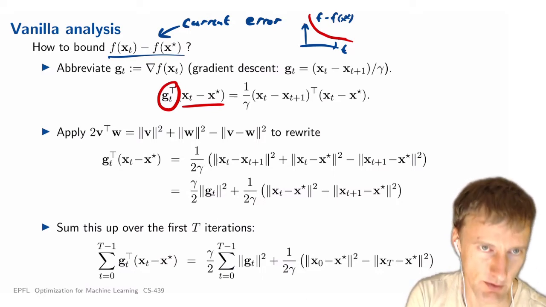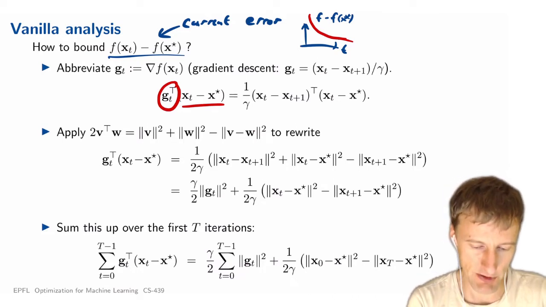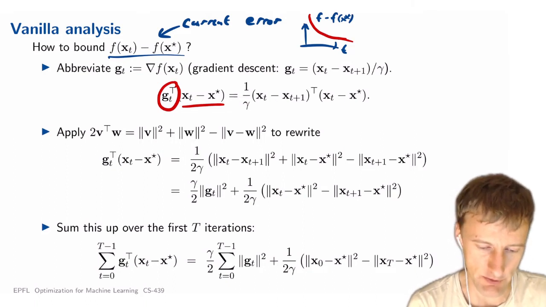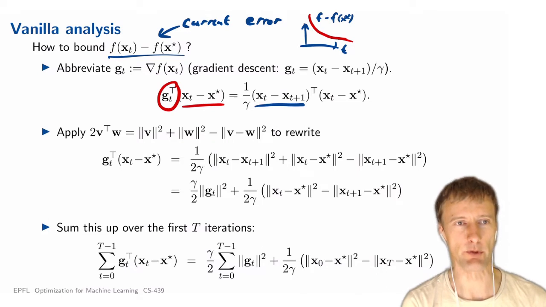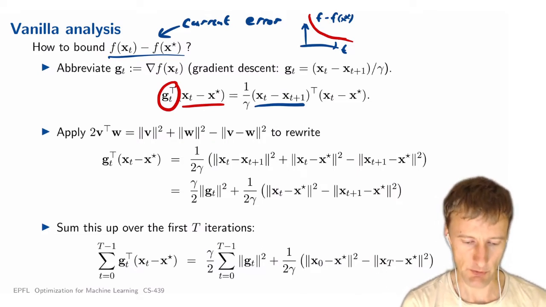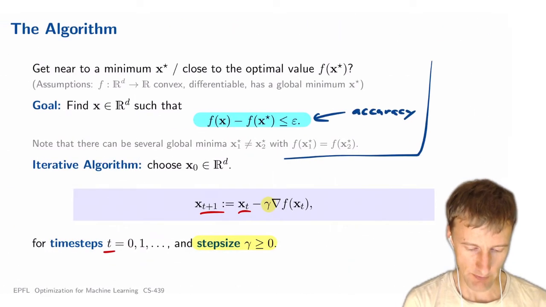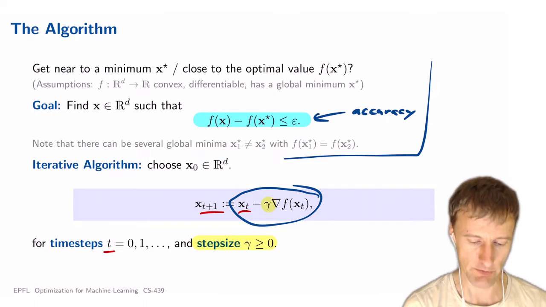Okay, so here we do nothing special, we just use the definition. We say, what is our gradient? Our gradient actually is identical to the step we have performed. Because the gradient step was, as we said in the algorithm, defined so that my new point is the old point minus gamma times gradient.